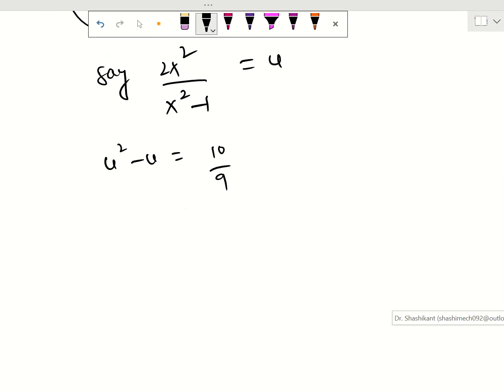If we take this 9 to this side, then it will be 9 into u square minus u is equal to 10. Writing this as 9u square minus 9u, and taking 10 to the LHS, it will be minus 10 is equal to 0.